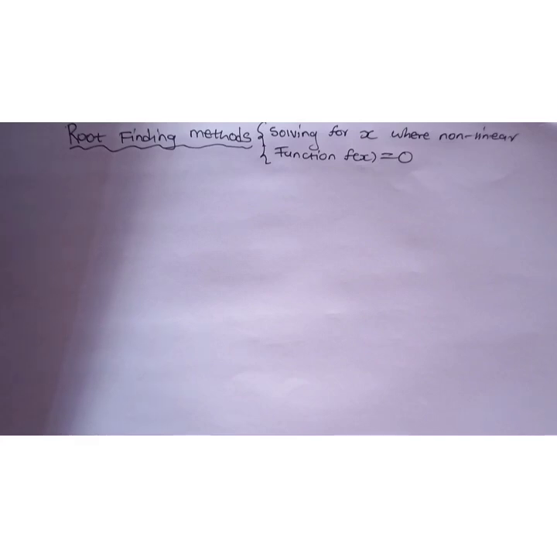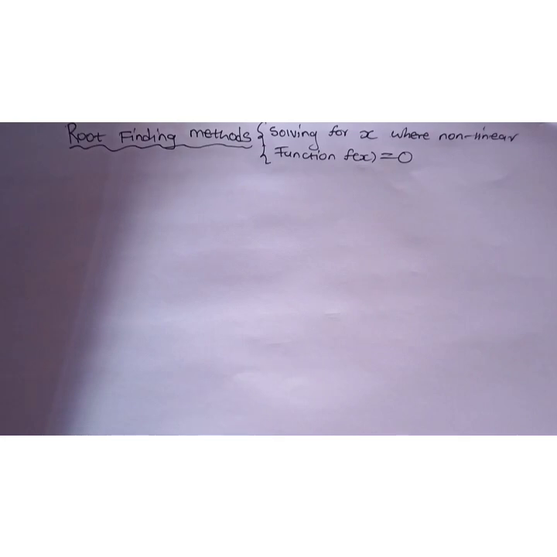In this case, we'll be solving for x where our function f of x equals 0, given that f of x is nonlinear. There are certain functions which cannot be solved using the quadratic or long division methods, or other methods which you used before.